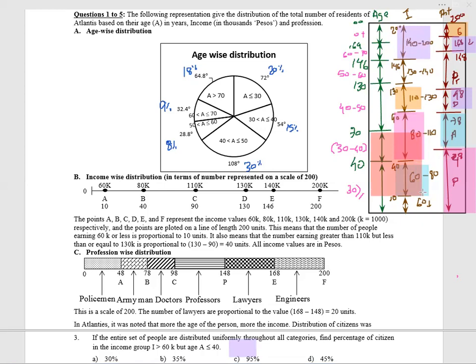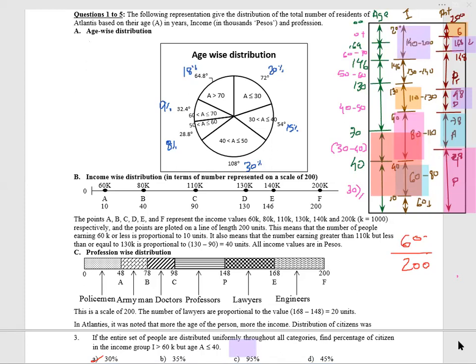Age below 40, income above 60. So how many people we are getting there? Bottom count is 10, top count is 70. So total count is 60 out of a scale of 200. So it will be 30%. Option A.